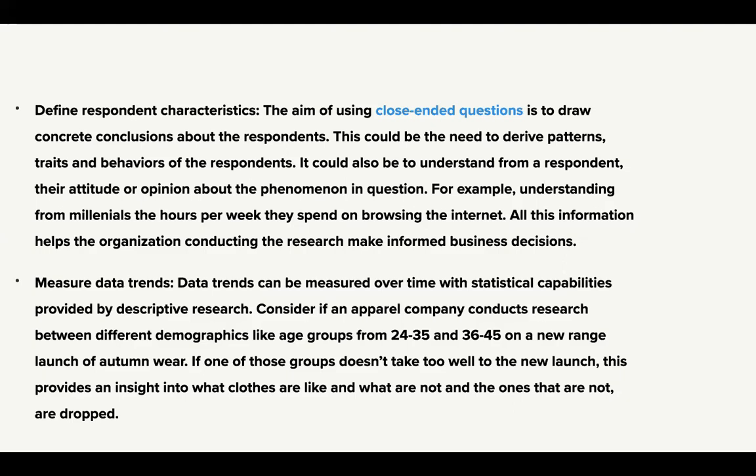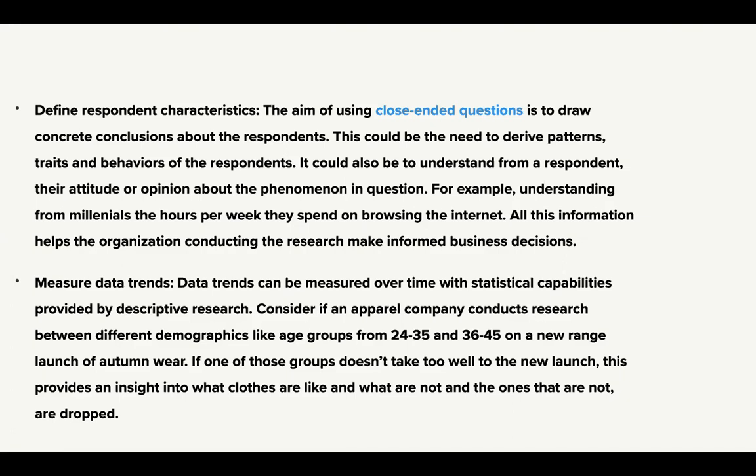Measure data trends. Data trends can be measured over time with the statistical capabilities provided by descriptive research. Consider if an apparel company conducts research between different demographics, like age groups from 24 to 35 and 36 to 45, for a new range launch of autumn wear.